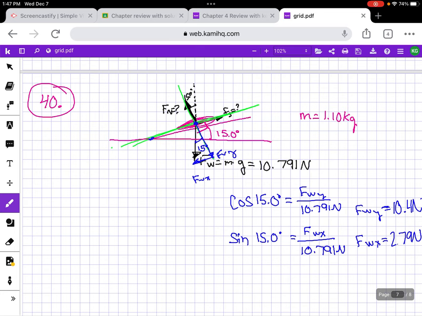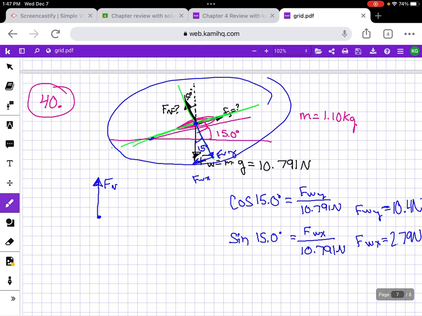Alright, so I have now resolved my force weight in the Y and my force weight in the X. So I'm going to take this and flip it around just so you can see the X and Y axes. So I'm basically twisting this 15 degrees to the right. So we would have the force normal going up.